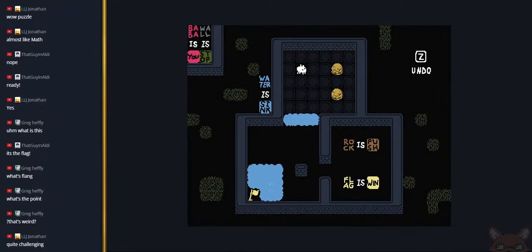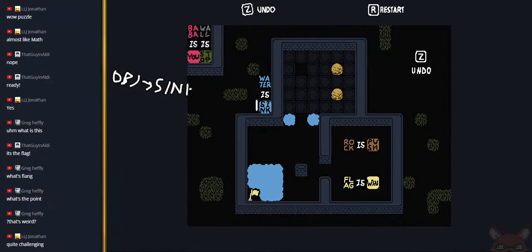So, first of all, let's see, do we have anything that is unknown here? Well, we have a property that is unknown, and that is the sync property, so let's experiment with it. Okay, so what we know for certain is if an object moves into an object that is sync, both get eliminated simultaneously.